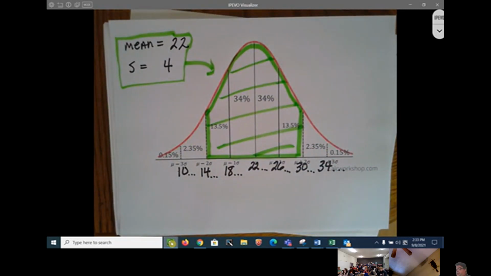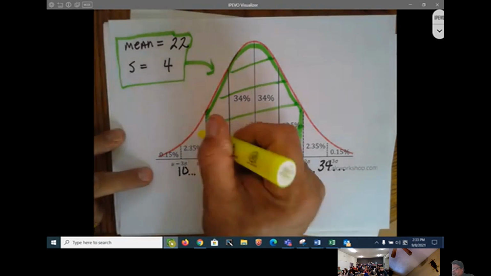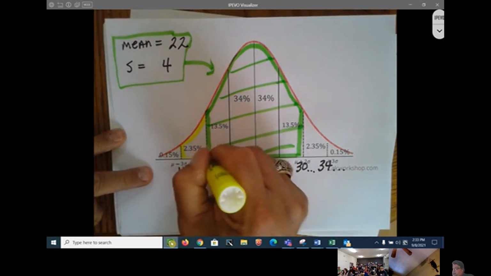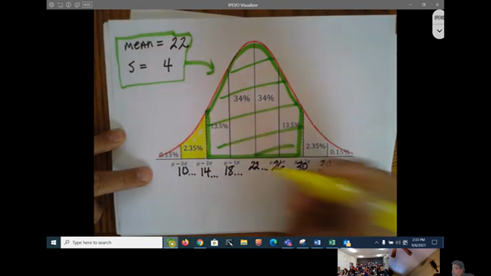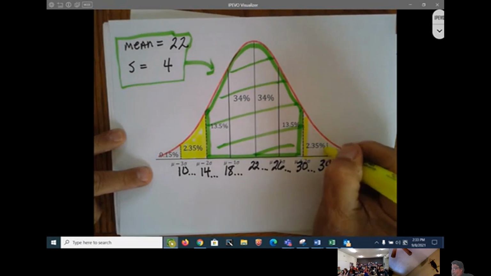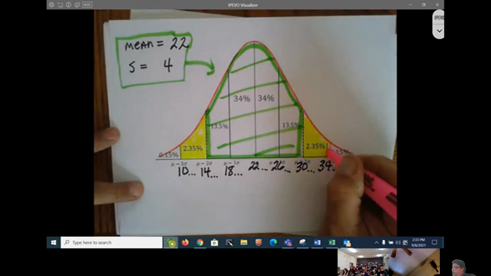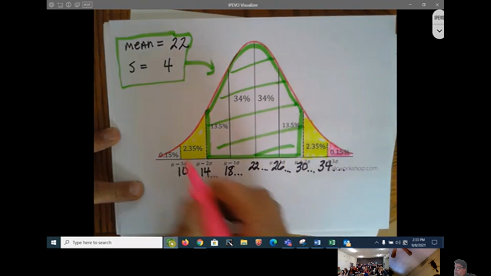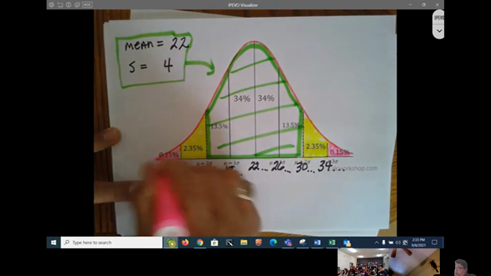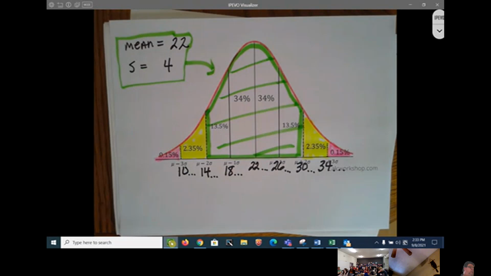And 2 standard deviations would be 14 to 10 and 30 to 34. And then the outliers would be above 34 and below 10.